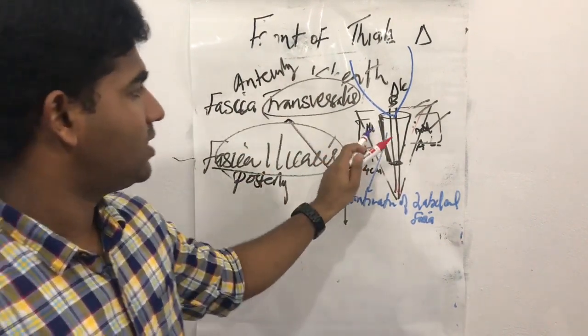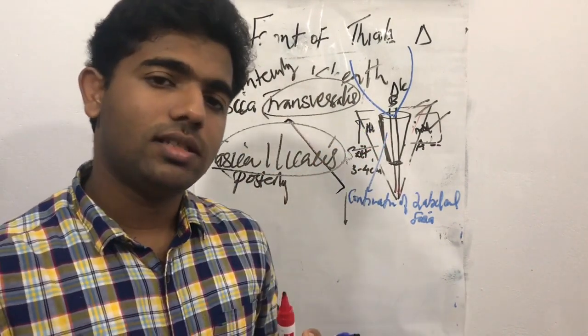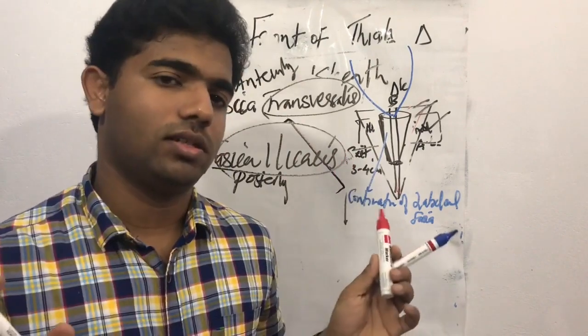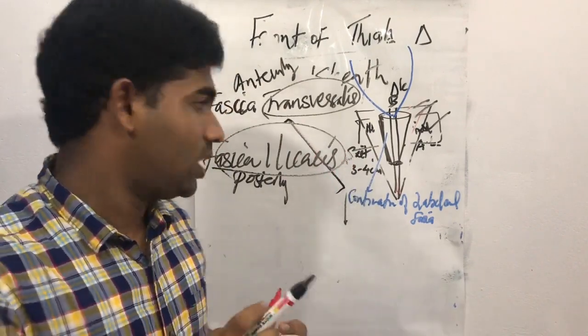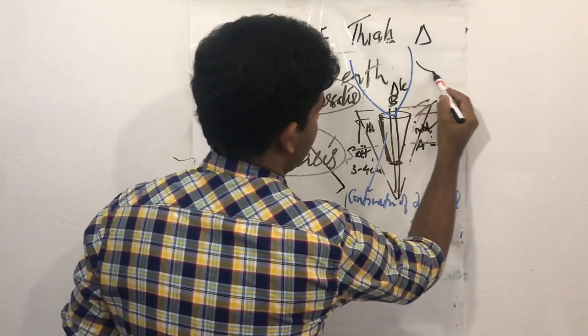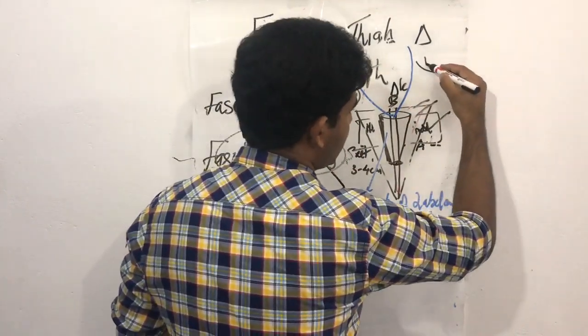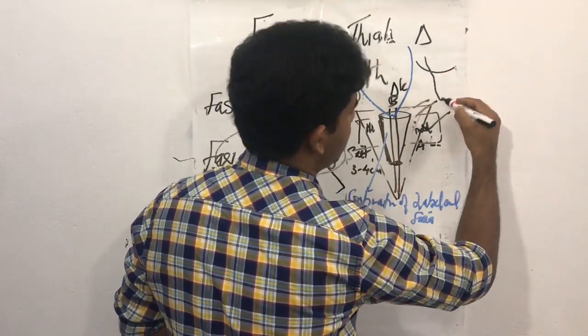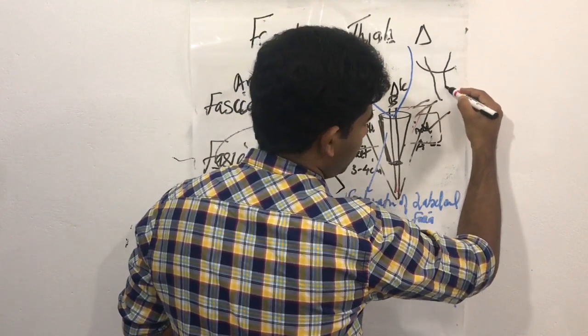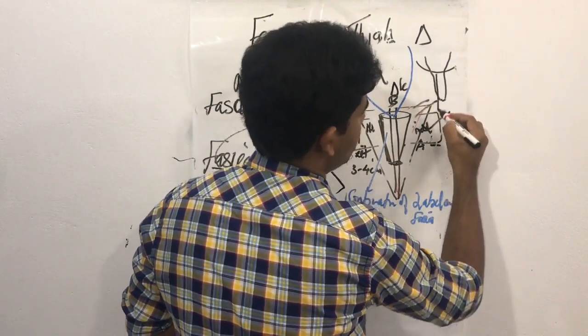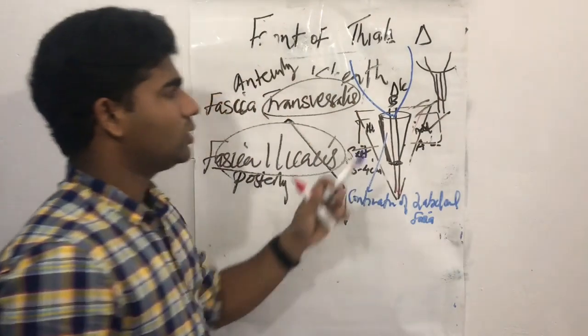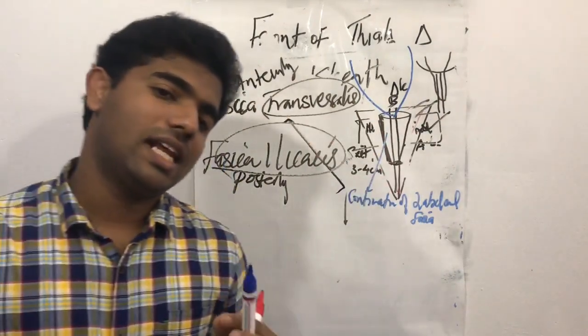You studied the muscle iliacus here, so it is the fascia that covers that muscle. Those 2 fascias come downwards like this, and here you have the vessels passing. That is the femoral sheath.